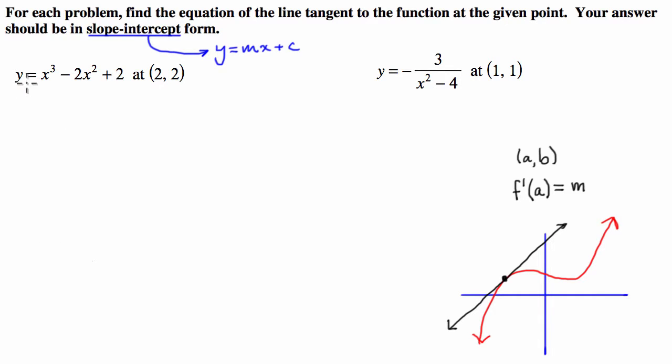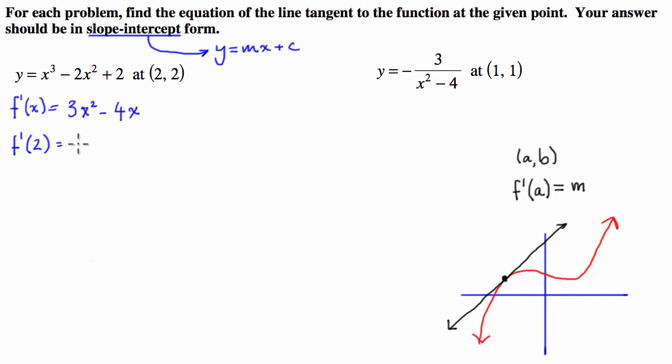In this one here, we've got y is equal to x cubed minus 2x squared plus 2. I like to use the f of x notation. So f prime of x is equal to 3x squared minus 4x. We then evaluate this at x equals 2, so f prime at 2.